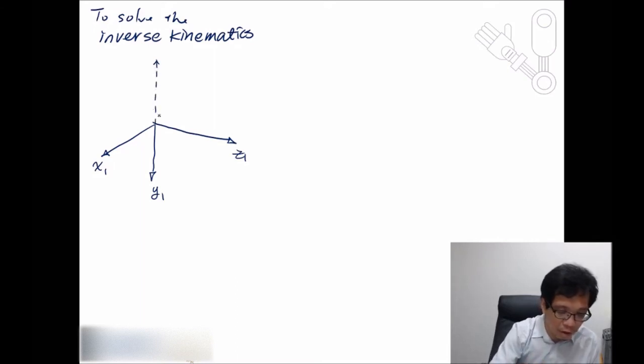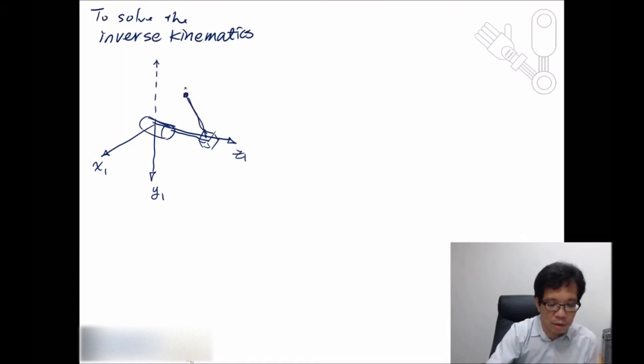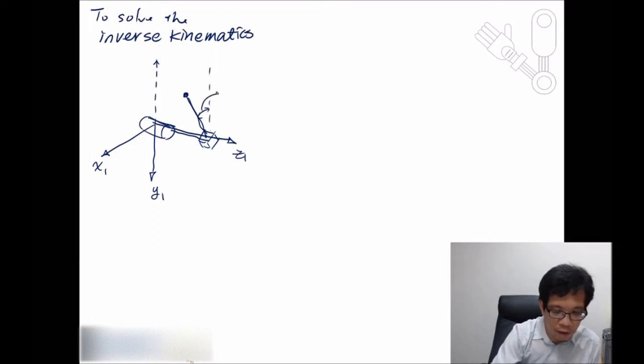Okay, so keep in mind we have something over here, and after it has been rotated, the location is actually going to be at this position, and this one over here is theta 3.